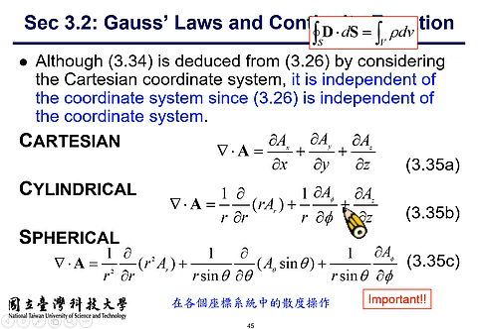You simply take the vector A's projections on the x direction, ax, y direction, ay, and z direction, az, take their derivatives with respect to x, y, and z separately, and add up the results, because the end product of the divergence operation is a scalar, not a vector.